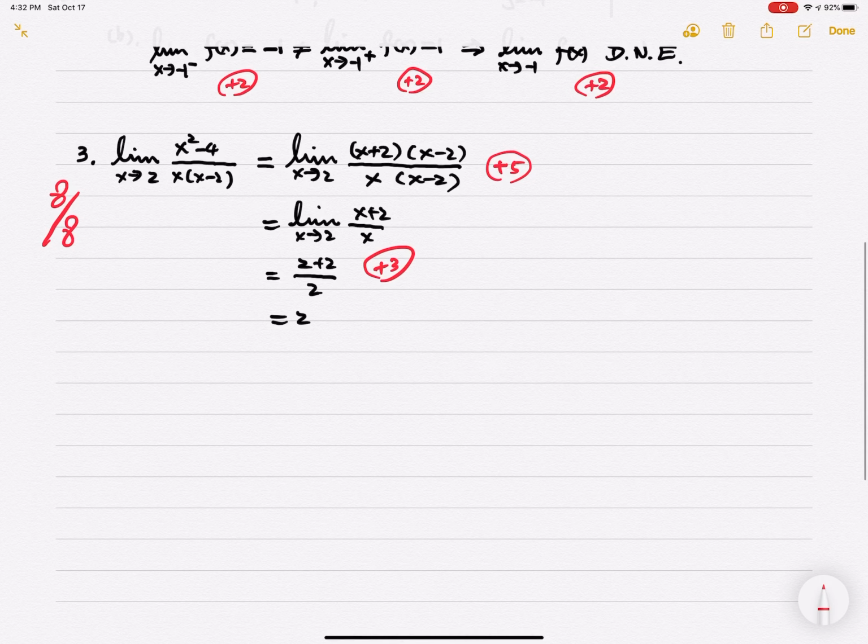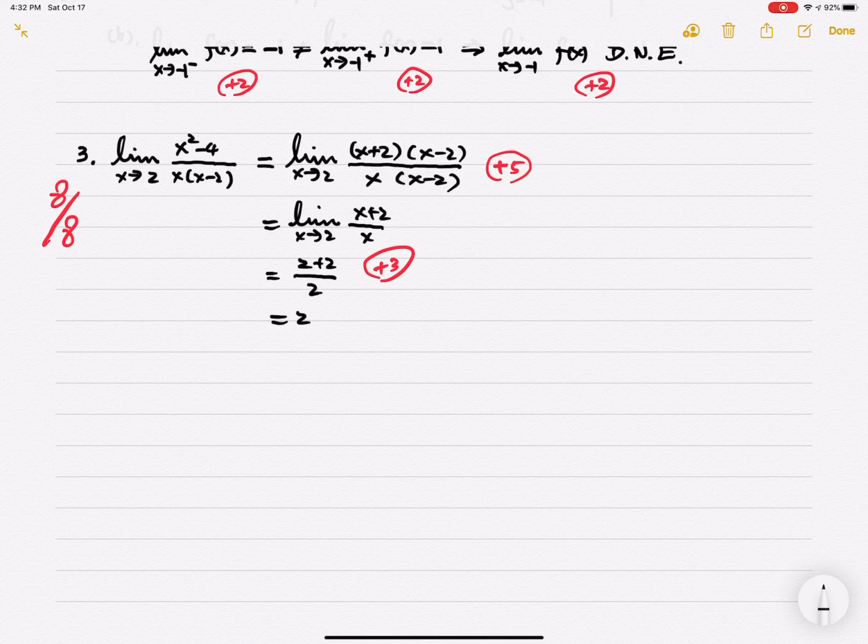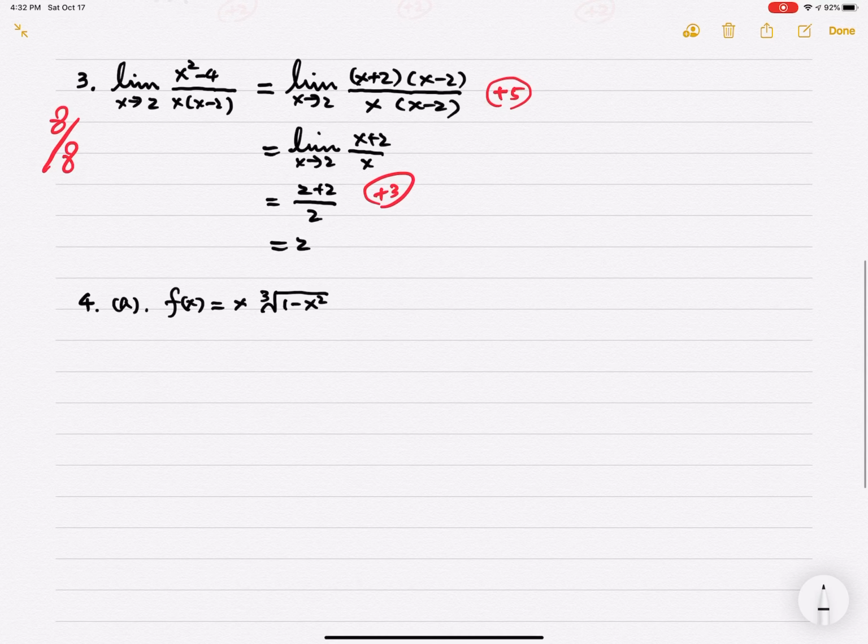Okay, number 4. Number 4, we have two parts. Part A, we have f(x) equal to x times the cubic root of 1 minus x squared, and we ask you to find the derivative.